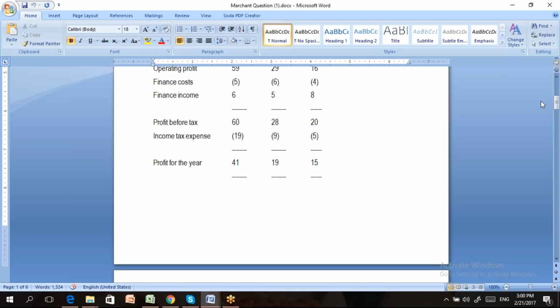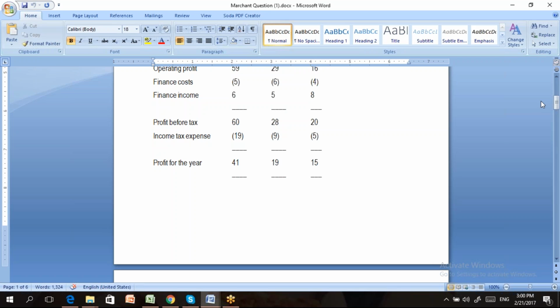So what are the items that will come under OCI? I've got two so far. The loss on the cash flow hedge, 3. Very good. And the remeasurement of the defined benefit plan. How much was that one?